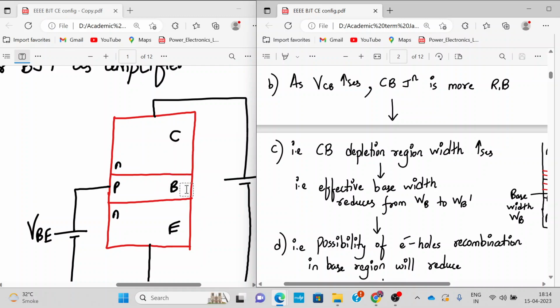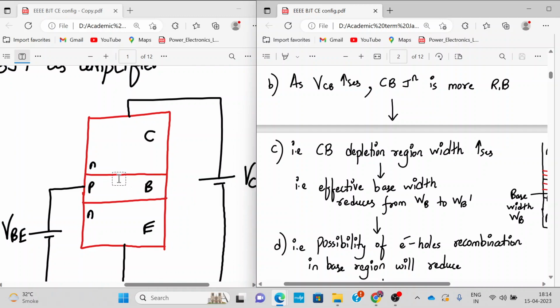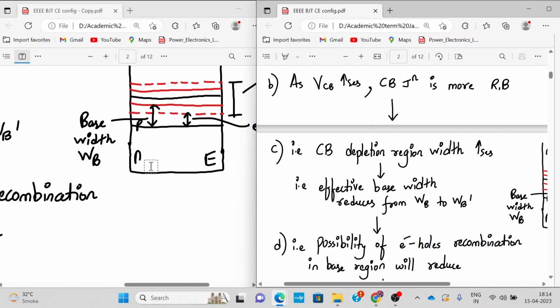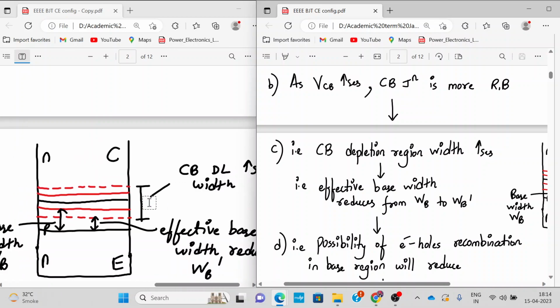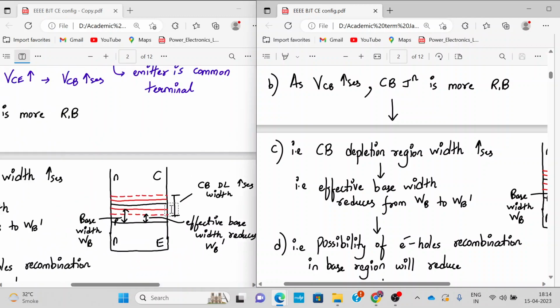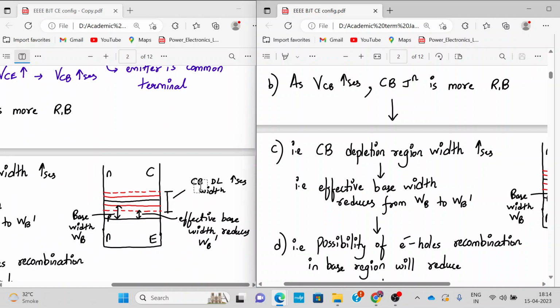There is a depletion region formed between this N and this P region. So let me show that depletion region. The dark red line is the initial depletion region, and now due to the increase in the value of VCB, your depletion region becomes wider, like this dotted line. So the collector-base junction depletion region width increases.